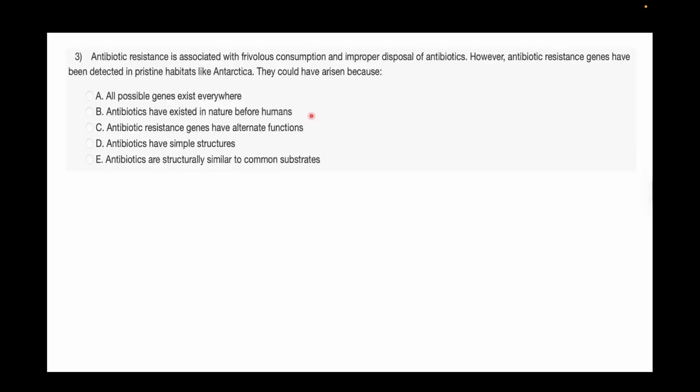They could have arisen because option A, all possible genes exist everywhere. Option B, antibiotics have existed in nature before humans. Option C, antibiotic resistance genes have alternate functions. Option D, antibiotics have simple structures. And option E, antibiotics are structurally similar to common substrates.